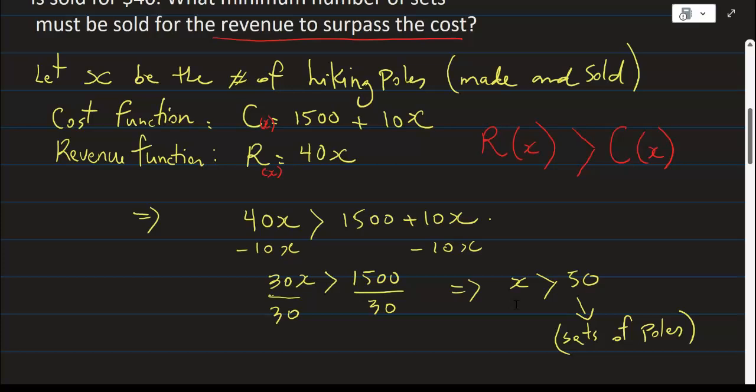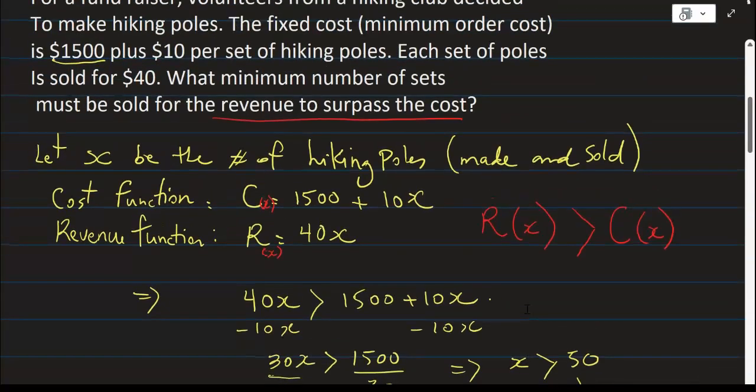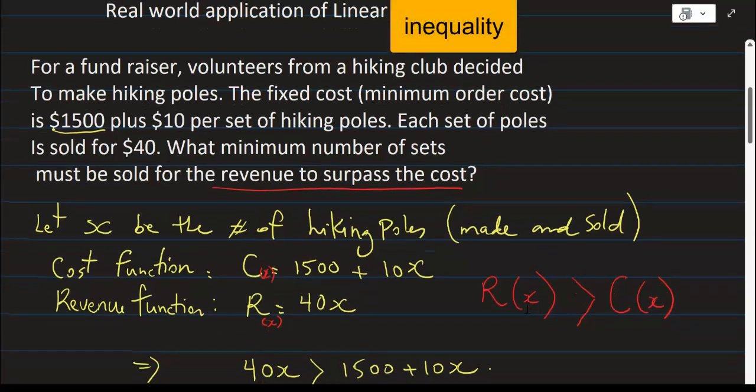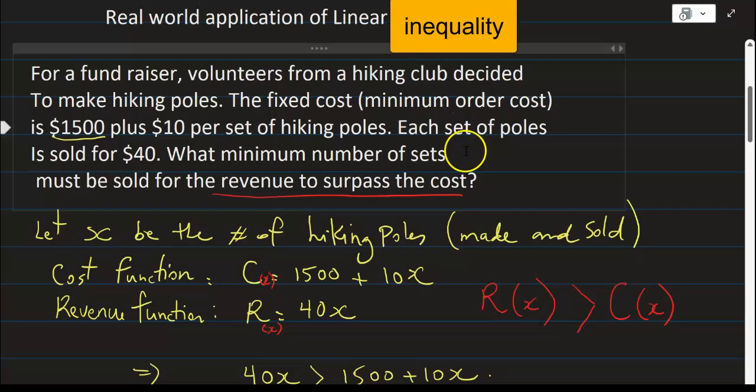It comes as a set, so you can't sell one pole, you have to sell two of them because they come in sets. So once you sell 51, you start getting more revenue than the cost. Very simply, this is one method to solve this question, the real-world application of linear inequality.